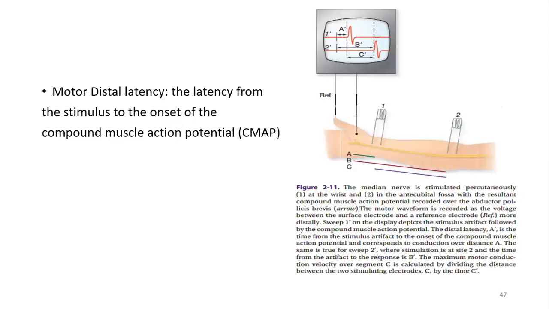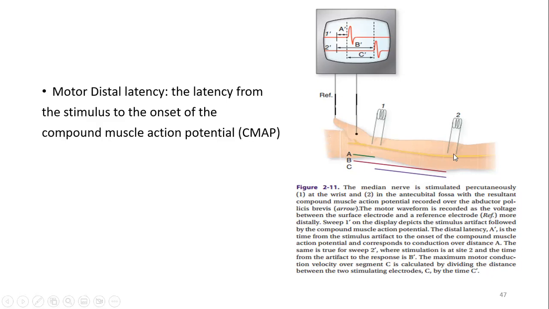We discussed previously the early compound muscle action potential or the early sensory nerve action potential, and this distal latency usually tells us about impulse conduction distal to electrode 2, which means it tells us the function of the distal peripheral nerve.